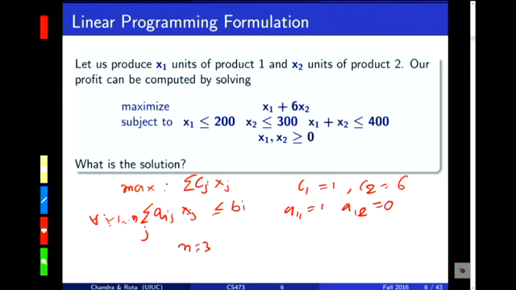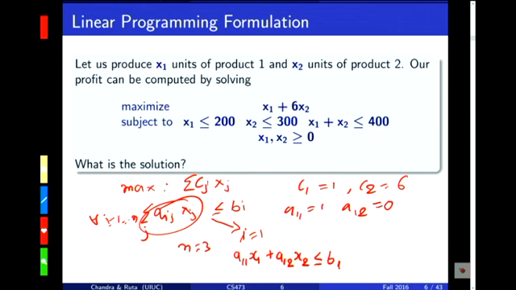So this constraint can be written as, so we have only 2 variables, right? Suppose I write this constraint when i equals 1. Then it is A11 x1 plus A12 x2 is less than or equals B1.